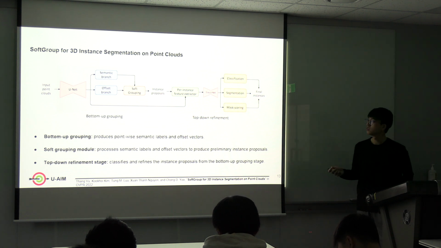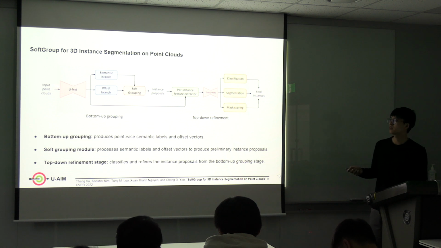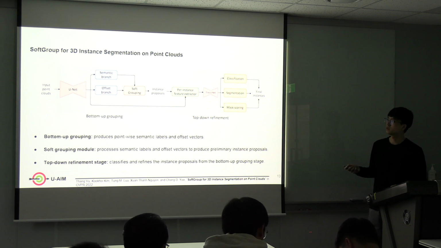So how can they do the soft grouping? First, the input point cloud will be voxelized and put into the UNet to get the voxel feature, and they will back-project that voxel feature onto the points. So they will have the semantic label for each point.